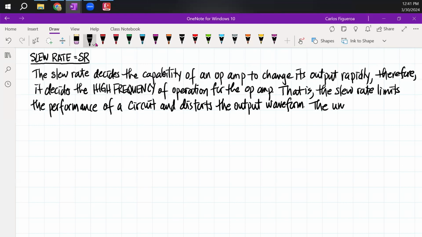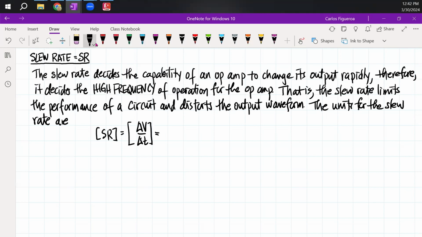The units for the slew rate are, it's actually the units of voltage per unit time, and it's typically measured in volts per microsecond.